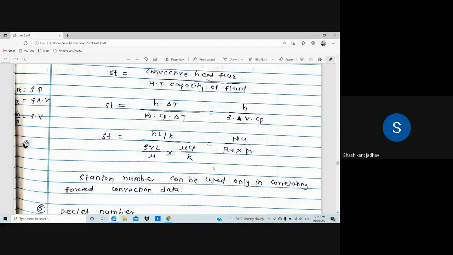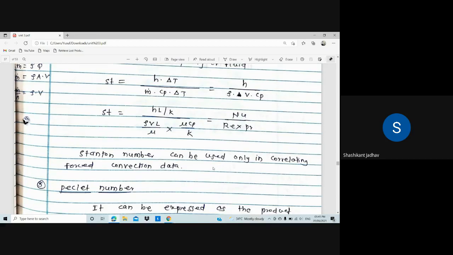So Stanton number is equal to convective heat flux, H into delta T, divided by the heat transfer capacity of fluid, which is m dot Cp delta T. Delta T will cancel. What is the remaining equation? H divided by mass into specific heat. And how to write the mass? Density into volume. So rho into V into Cp.